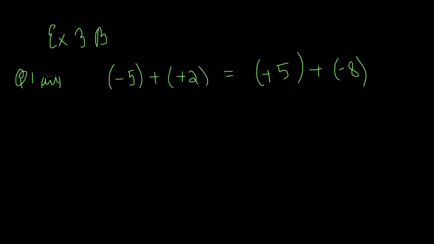So here, children, we need to find whether this is true or false. Minus 5 plus 2 will be minus 3, and on the RHS, the right hand side, 5 minus 8 will be minus 3. So this is true.